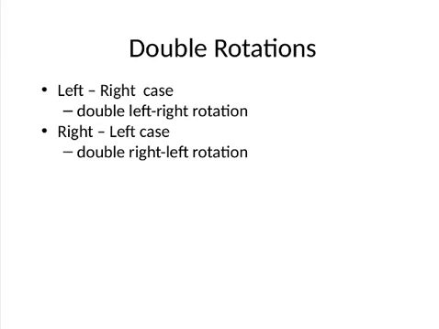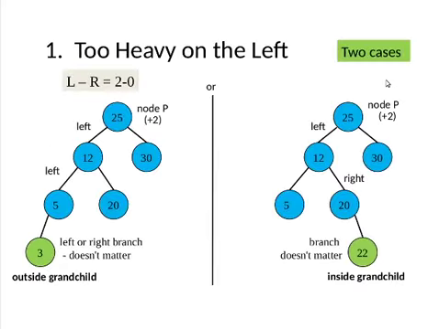Similarly, when a new node is inserted in the right-left manner with respect to the unbalanced node, the double right-left rotation is required. Let's revisit the tree on the right in the slide. Here, the insertion of a new node 22 has increased the balance factor of node 25 to +2.